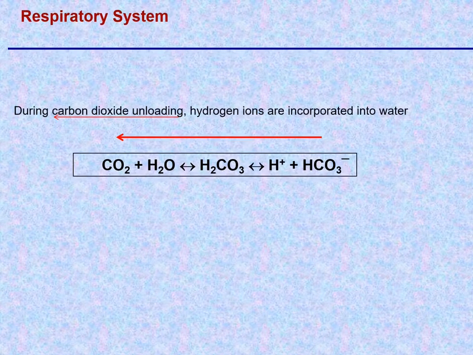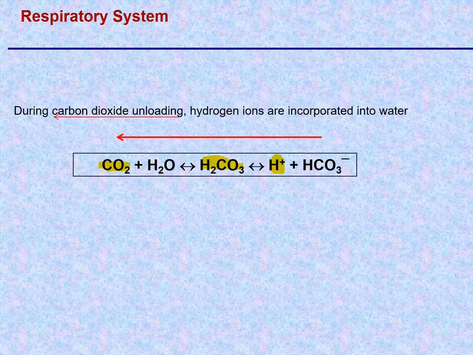Okay, if you are unloading carbon dioxide, in other words, breathing it off, then the hydrogen ions will bind to bicarb as the bicarb moves into the red cells, forming carbonic acid.